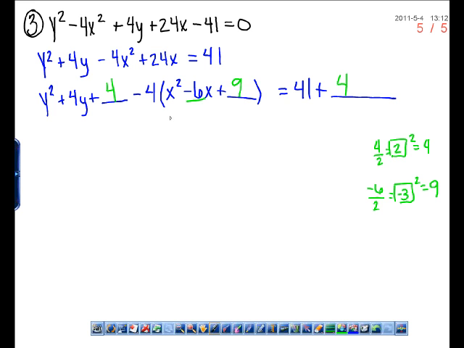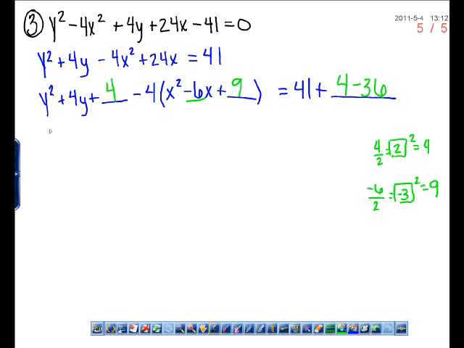Remember, whatever you do to one side, you have to do to the other side. So if on this side I have put in a negative 36, what do I have to do over here? Subtract 36, or add a negative 36. Just like if we add 4 on one side, we have to add 4 on the other side. If we subtract 36 on one side, we have to subtract 36 on the other.